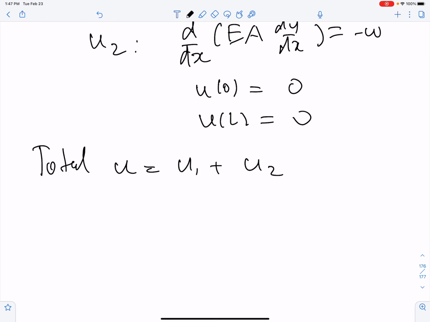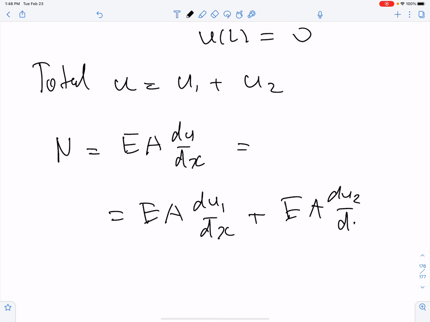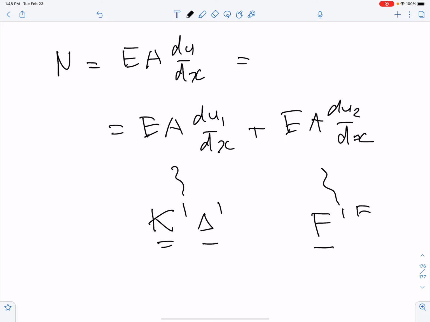And then if we talk about the force distribution, then the total force would be what? EA du dx, okay? That would equal to EA du1 dx plus EA du2 dx, okay? And so this is sort of analogous to K prime delta prime, right? And this term would be analogous to the F prime F, okay?